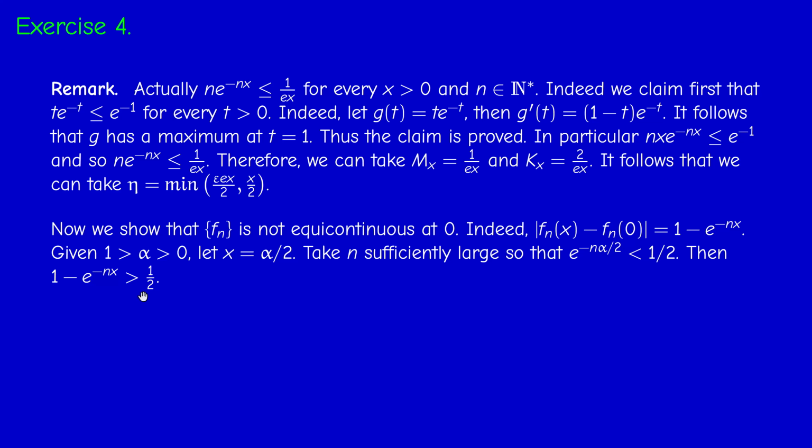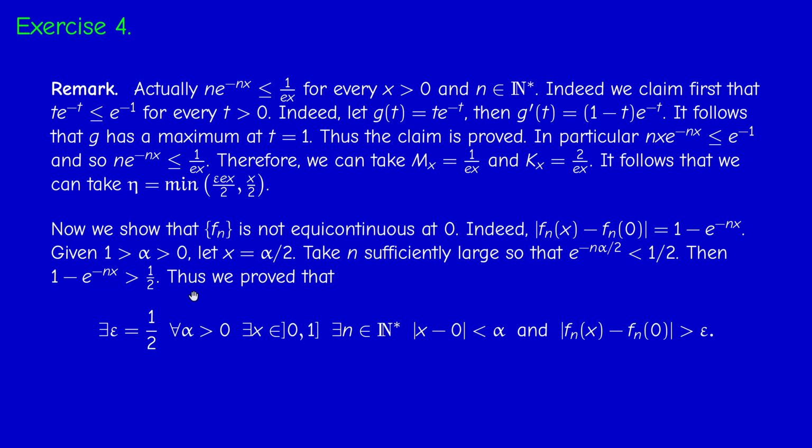When you add 1, you get that. And so this difference is bigger than 1/2. So I proved, what did I prove? I proved that there exists a constant, which is 1/2, such that for every alpha less than 1, as you may check, because if this is true for every alpha less than 1, it's true for every alpha positive.